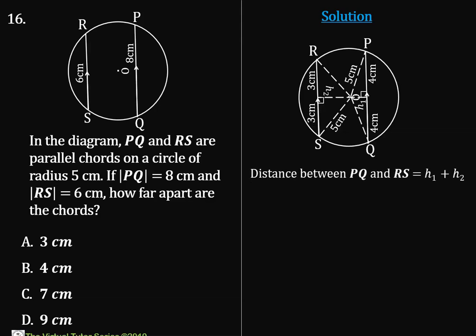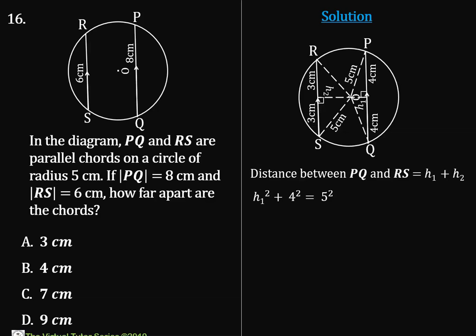Let's now solve for H1 and H2 separately using Pythagoras theorem. For H1, we have H1 squared plus 4 squared equal to 5 squared. 4 squared is 16 and 5 squared is 25.